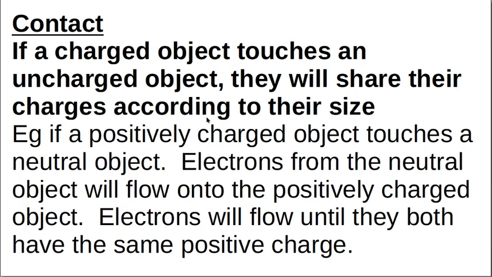Yes, it's missing electrons, but bear in mind there's like a million other electrons still sitting on that object that can move, and so now they are unbalanced, and this neutral object here has also got a million electrons, so the neutral object is going to give its electrons to the positively charged object because this one's got more electrons.